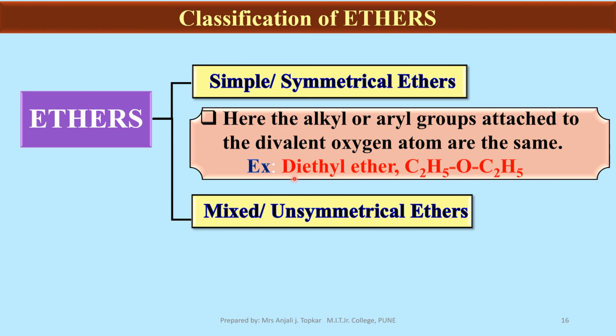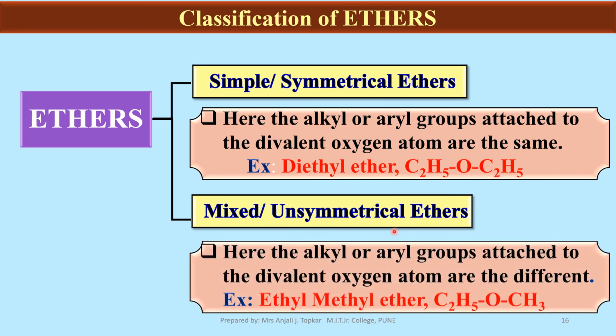Example is diethyl ether. As we can see here, oxygen atom, which is divalent, is bonded to the same type of alkyl group on both the sides. Here we find it is ethyl group on both the sides of oxygen atom. Let's see what do you mean by mixed or unsymmetrical ether.